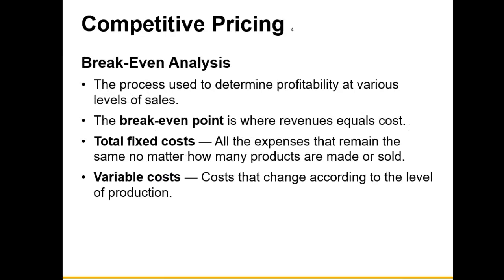Break-even analysis: the process you use to determine profitability at various levels of sales. So now we're saying the break-even point is where revenues equal cost. So we're pretty much saying, how many units do we have to sell in order to break even? We'll look at different cost variables such as fixed costs.